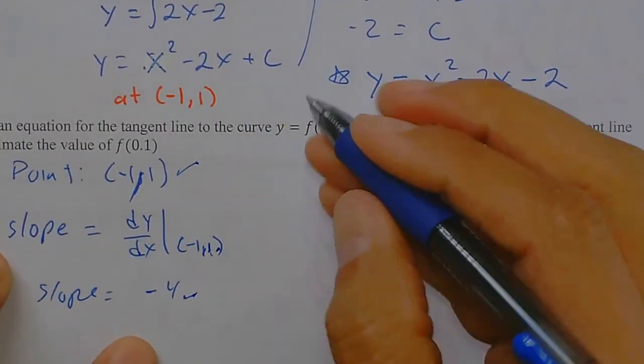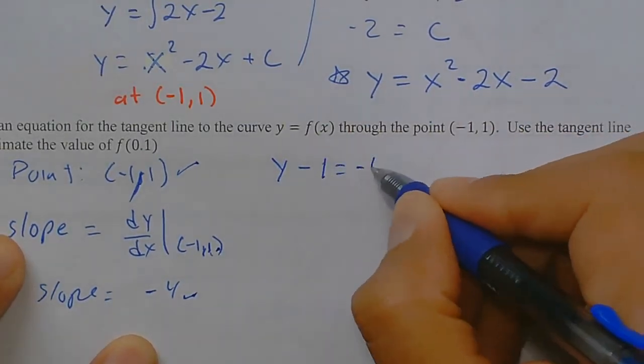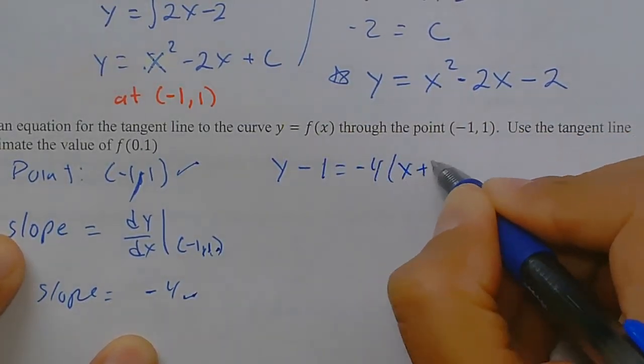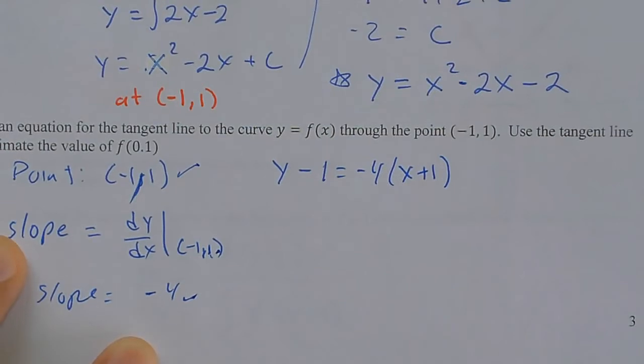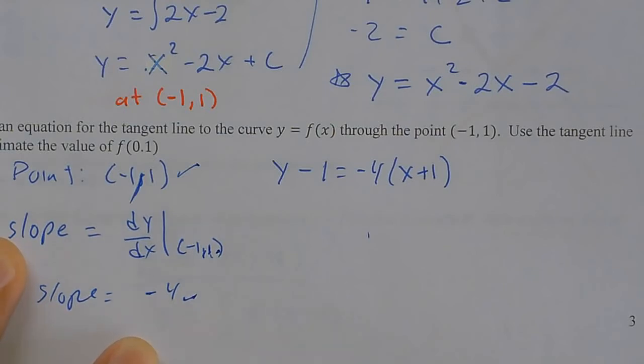The second part of this question is asking you to use the tangent line to approximate the value of f of 0.1. Well, get that x value, 0.1, and plug it in and figure out what the y is.